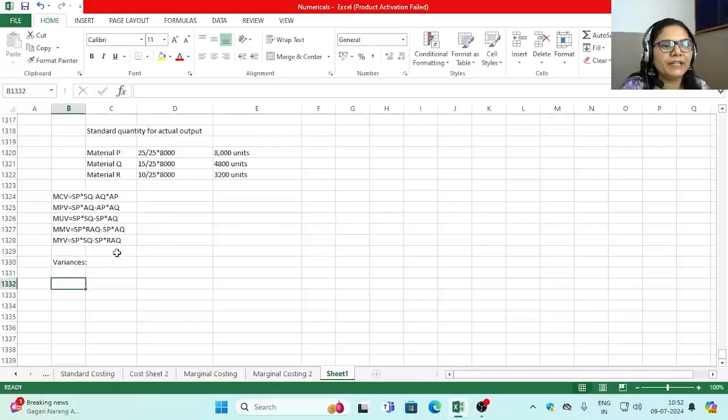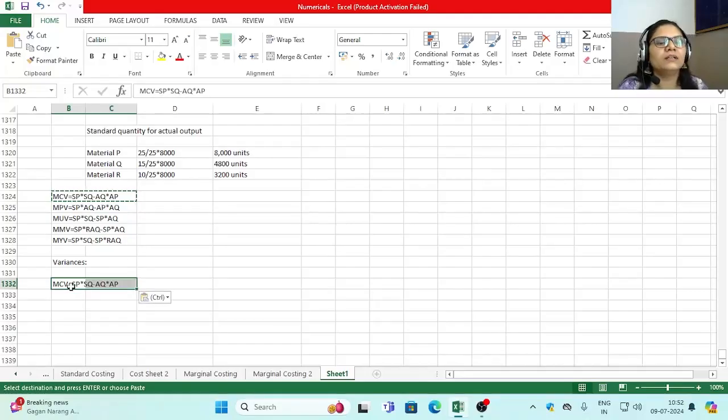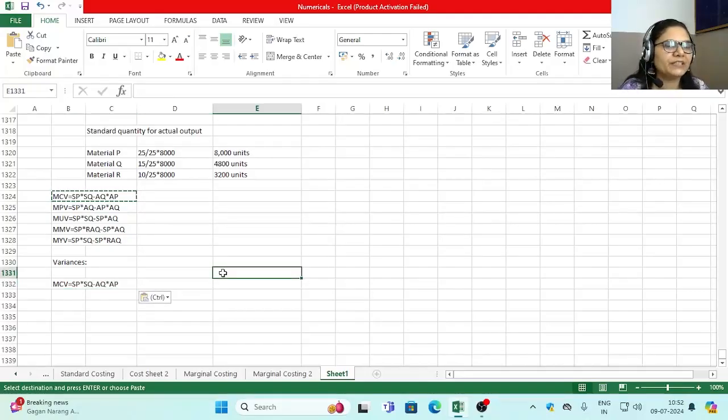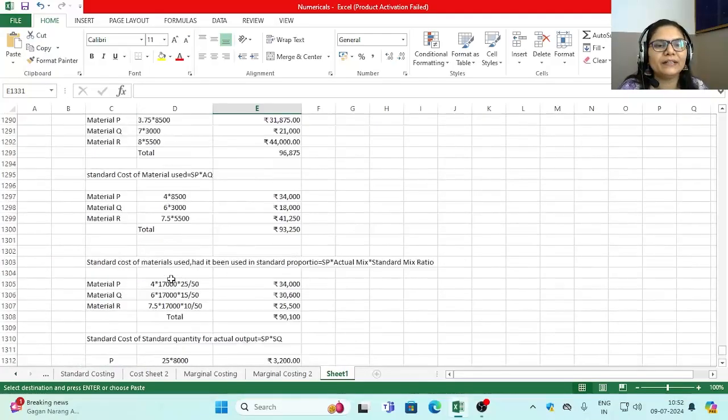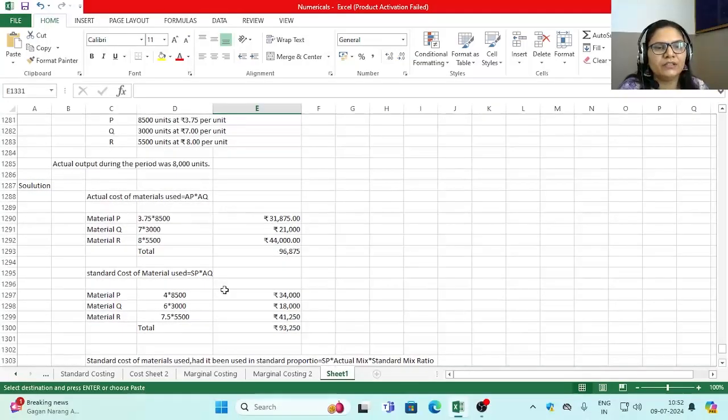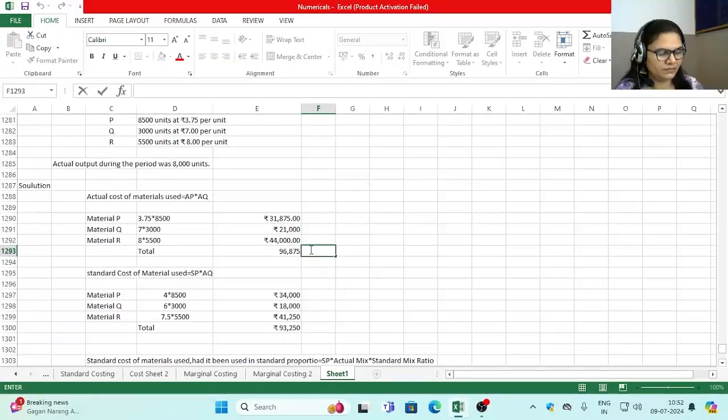First is material cost variance. The formula for material cost variance we all know, SP into... and let us name these equations. Suppose this is 1.